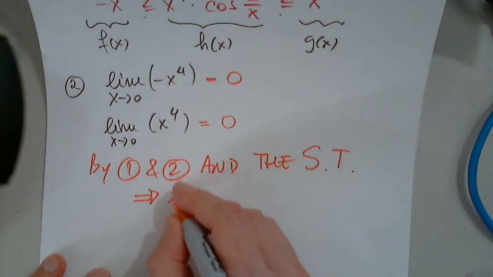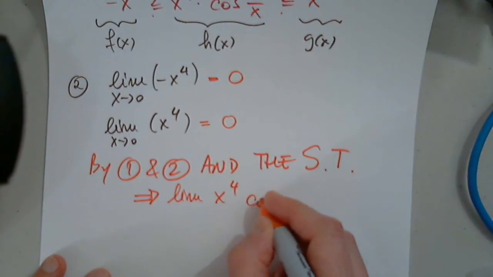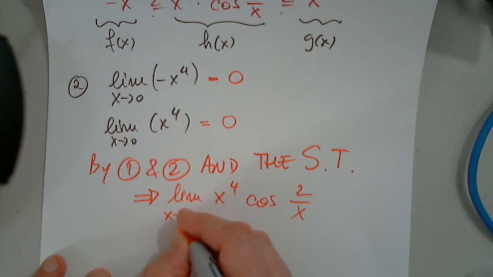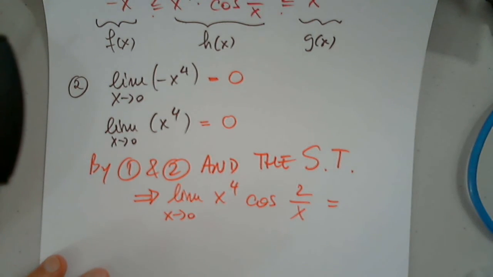What do we conclude about the limit of x to the 4th cosine 2 over x as x approaches 0? Equals 0. Excellent. This is it. This is the way we apply the squeeze theorem in a problem, on a limit that we cannot determine in any other way.